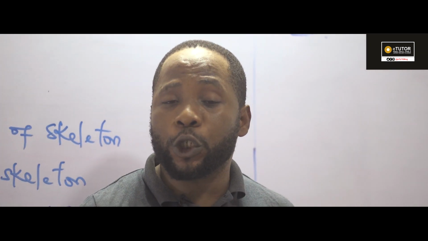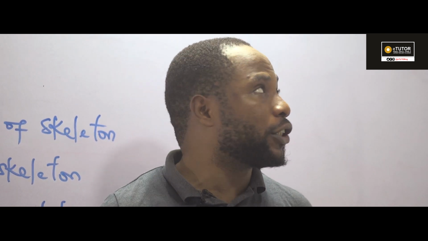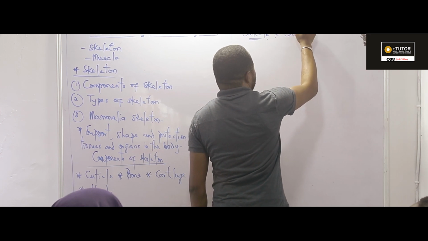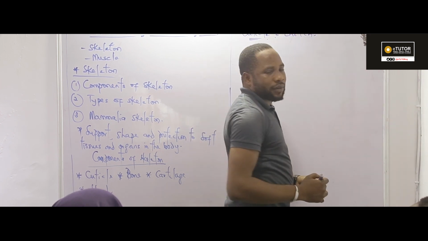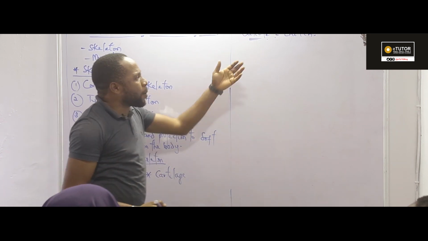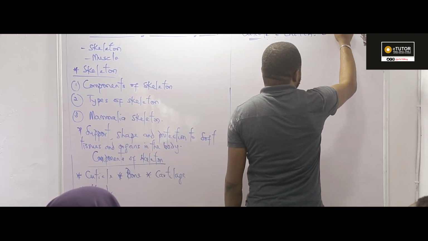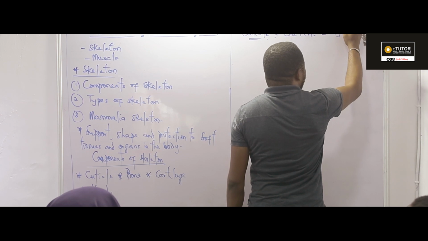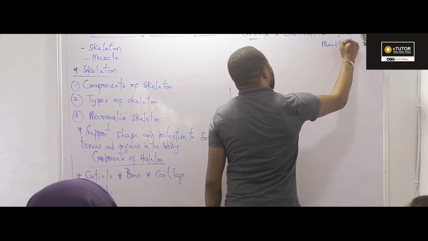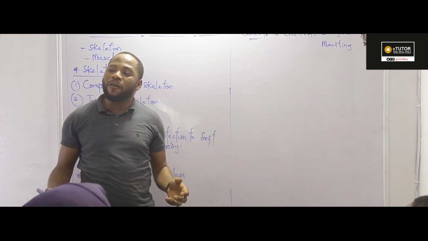Skeleton in form of cuticle is made up of dead cells and a carbohydrate substance called chitin. Animals or organisms that have cuticle as their form of skeleton carry out ecdysis or molting, because the cuticle is made up of dead cells.